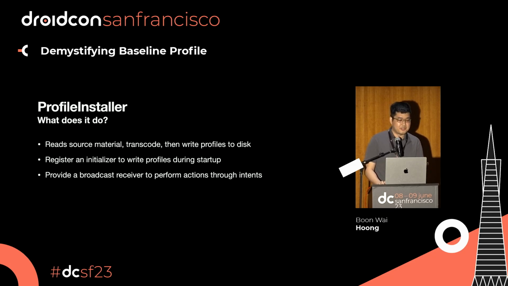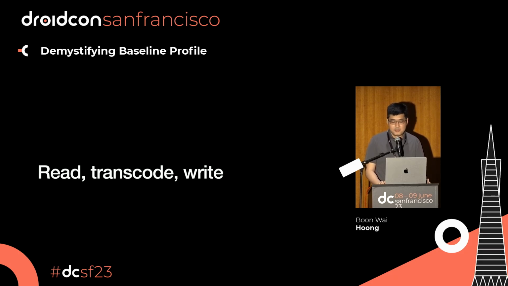That's its key role, writing baseline profiles. The second is that it registers an initializer to write profiles during startup. We'll get into the specifics later. And finally, it provides a broadcast receiver to perform actions through intents. So let's dive into it: read, transcode, and write.